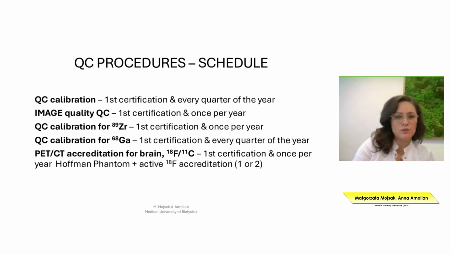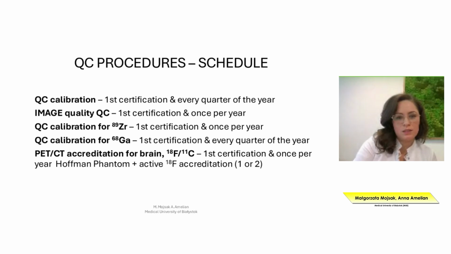In order to obtain such a certification, we need to scan cylindric phantoms once a year or quarterly, and for sure at the beginning of certification. But in order to obtain such a certification, we need to have an active certification for fluor 18, and the same applies for brain fluor.